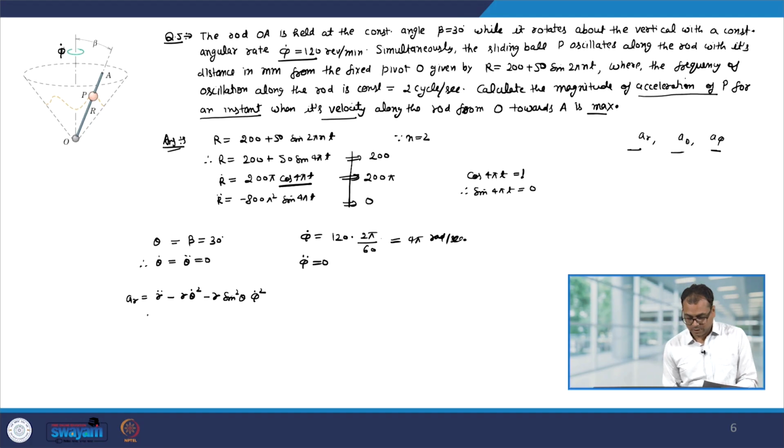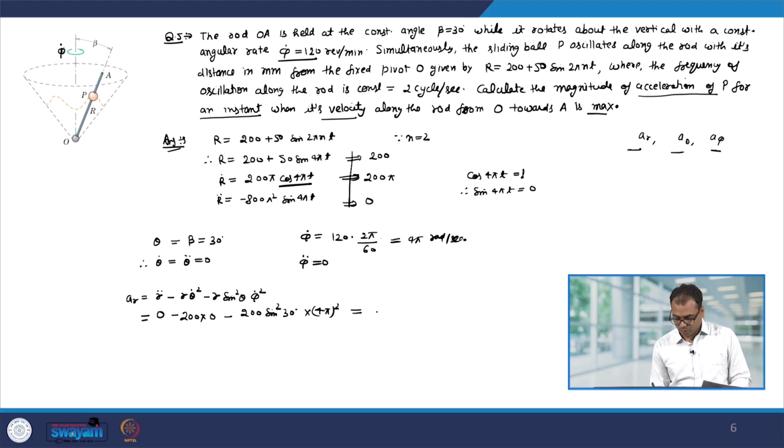Now, let us put these values. r double dot is 0, minus r which is 200 into theta dot square, and theta dot is 0, minus r which is 200 sin square 30 degree, and phi dot is 4 pi, so 4 pi square. This you can find out, it is equal to minus 800 pi square meter per second square.